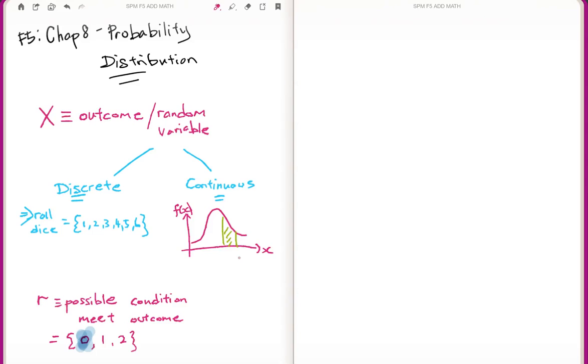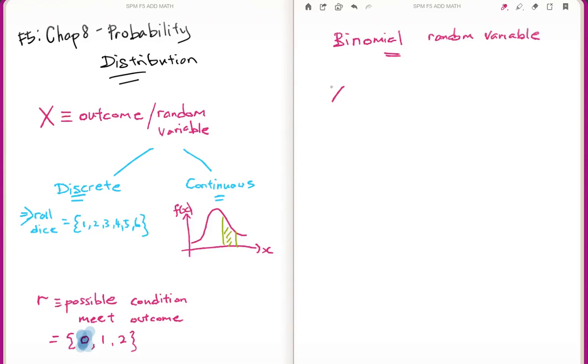Now, to start out with binomial, which is our discrete random variable, we have the binomial random variable. For a binomial random variable, your x, our x outcome, would be discrete.